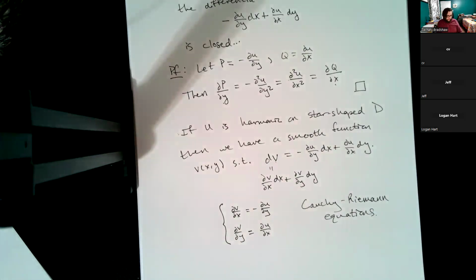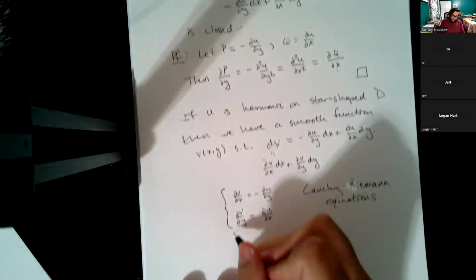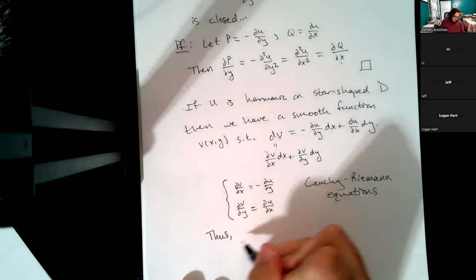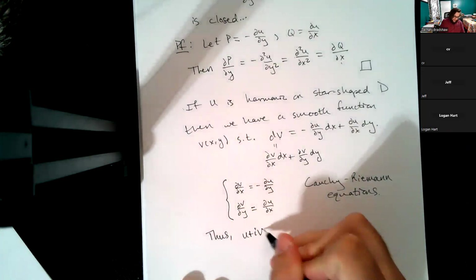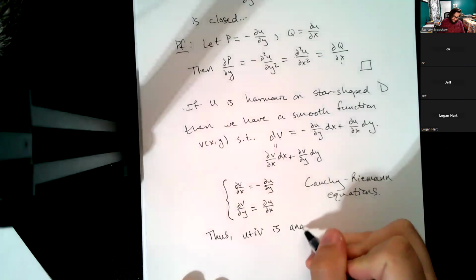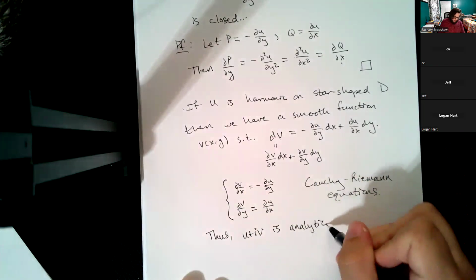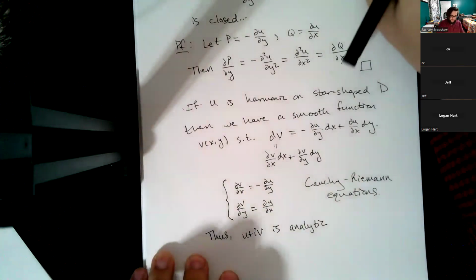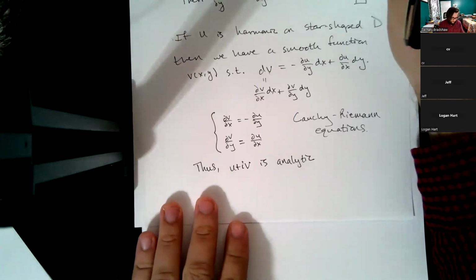So this tells us that u plus iv is analytic. And so we've derived the following theorem.